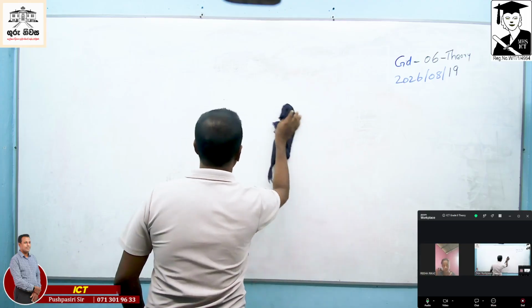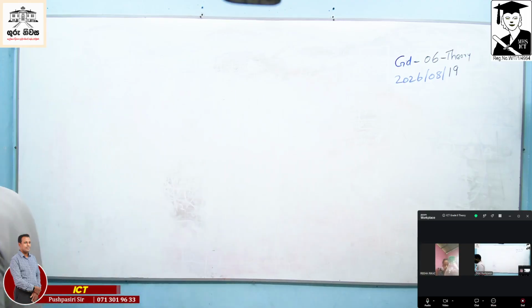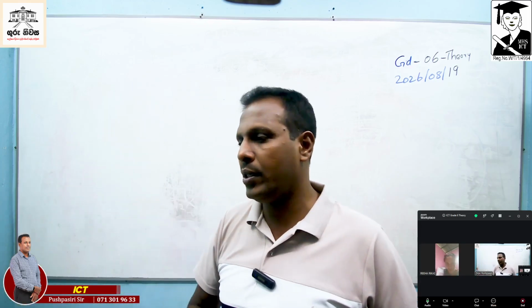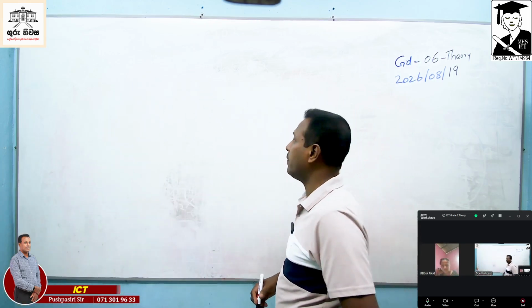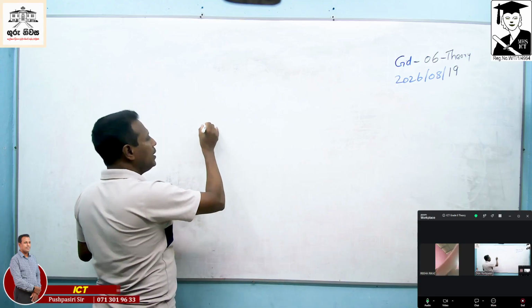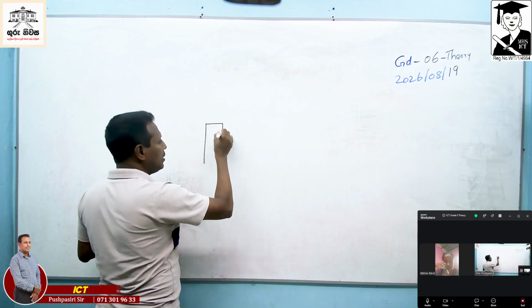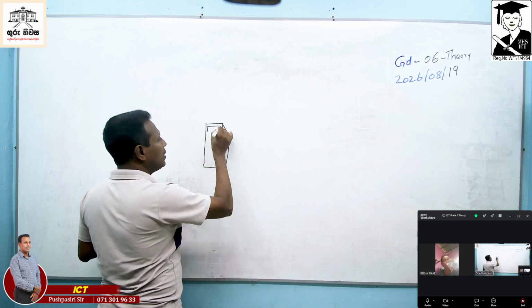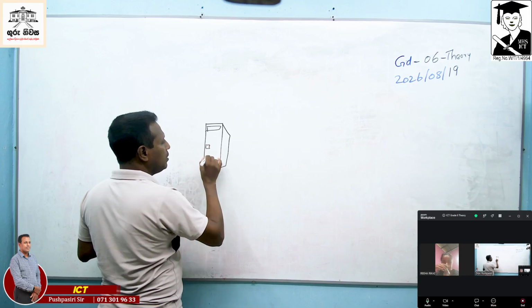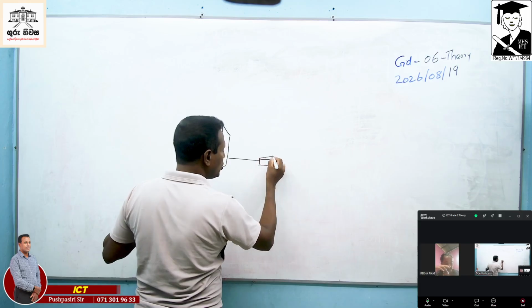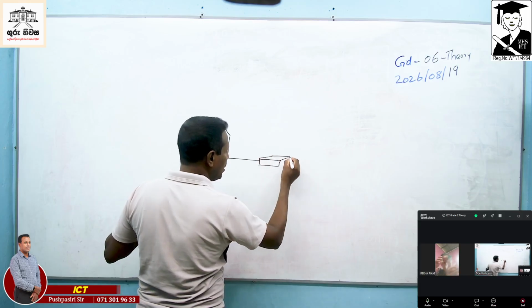There are two types of network. I'm going to explain to you about the client server network. When I say normally network, we say client server network. Here you have a computer, and it is connected to a switch or a modem.